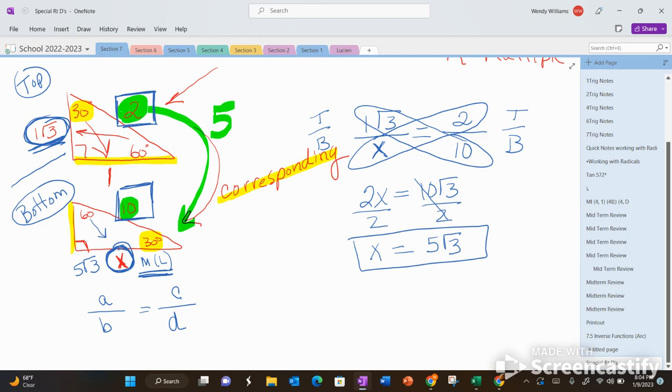So all parts have to be multiples of 5. So the small side was 1. If we multiply 5 times 1, then the short side has to be 5. If we take the medium side, which is 1 square root of 3, and we multiply it by 5, we end up with 5 square roots of 3.